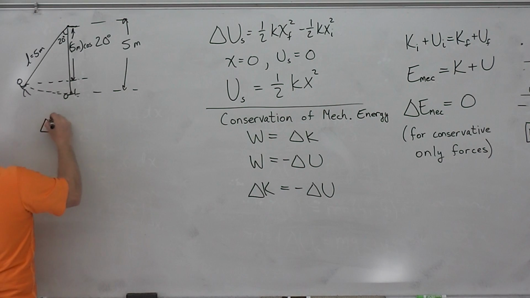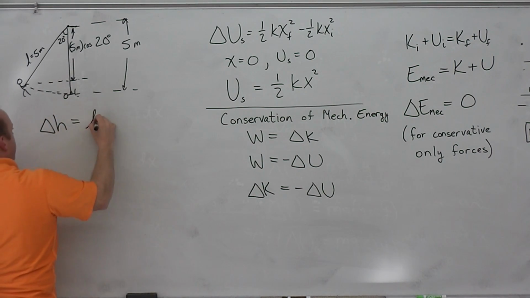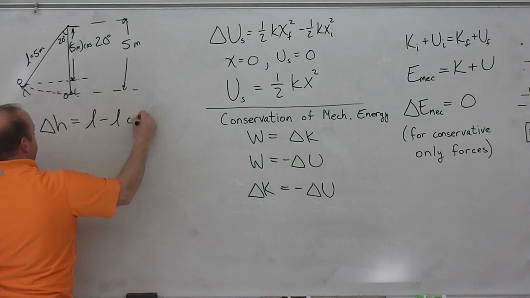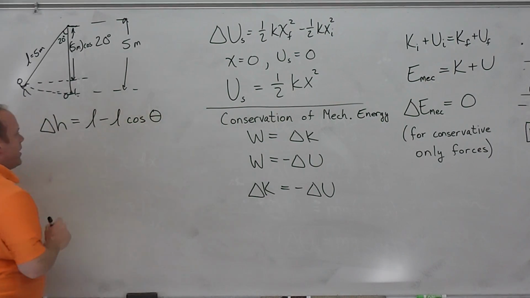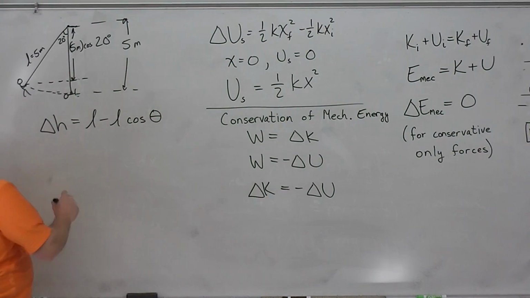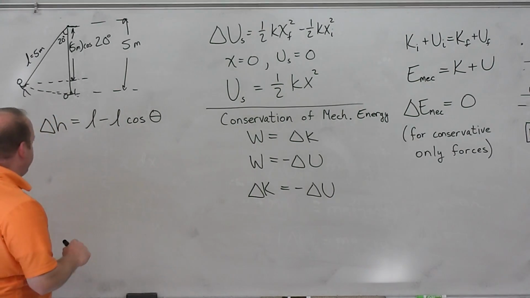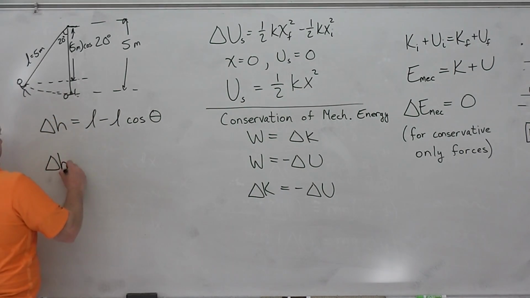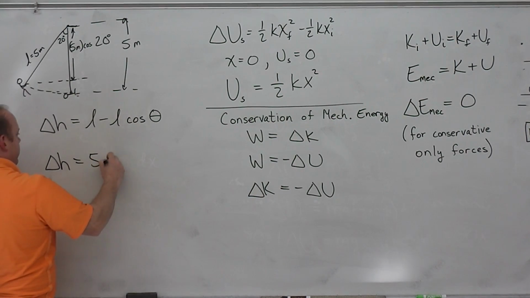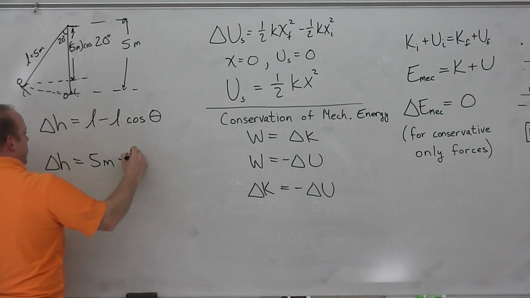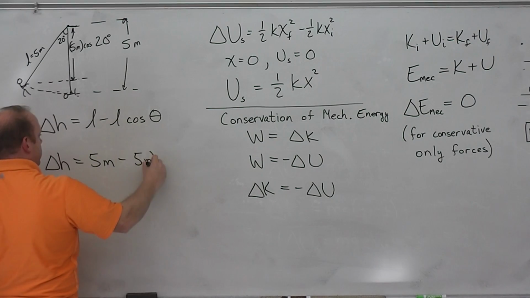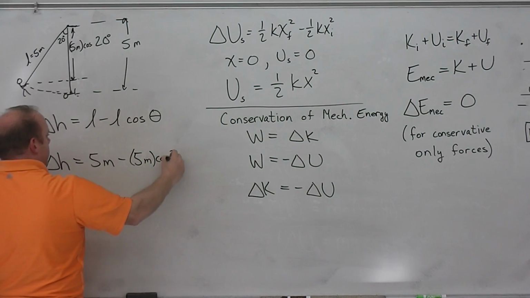So that delta H there is equal to L minus L cosine theta. Okay? This is kind of a big one whenever you're doing these pendulum bob problems, figure out how fast it goes. So now, in this specific case, this is going to be 5 meters minus 5 meters cosine 20 degrees.